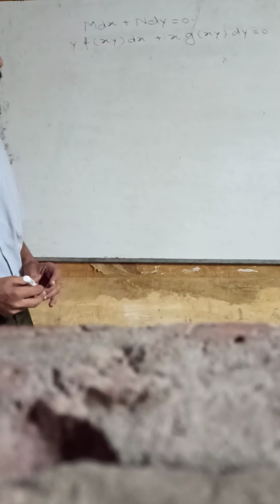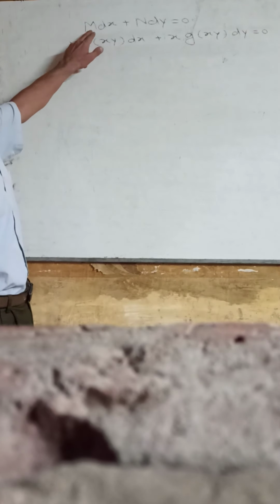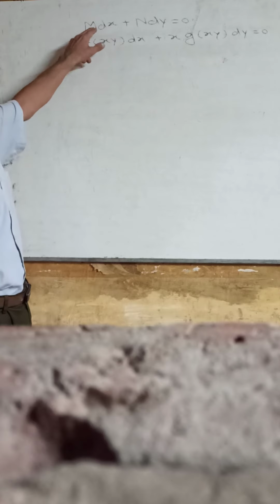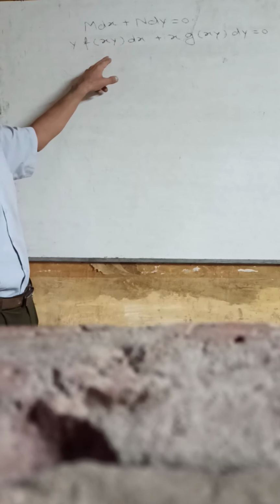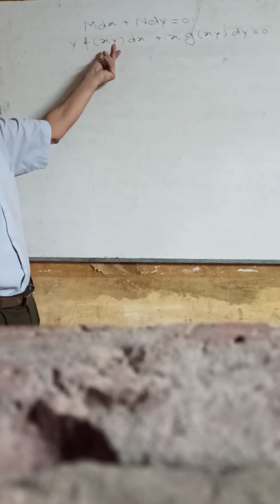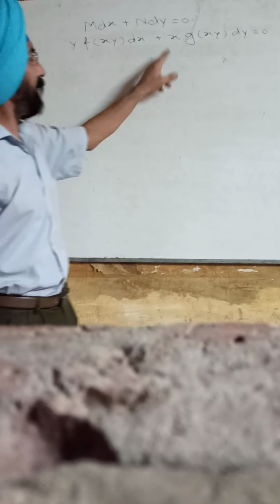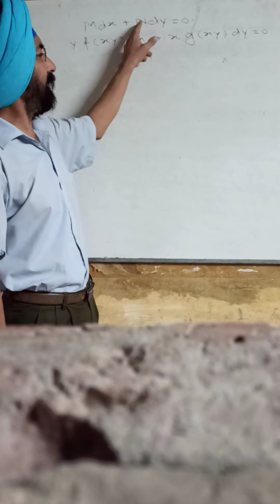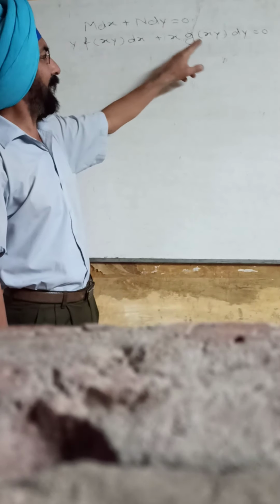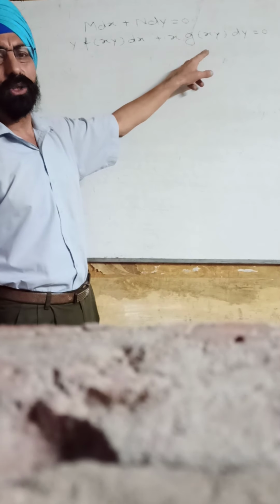What it means? Actually here M is a function such that if you take y common from this, then everywhere in the rest of the function you will find the term xy together. Similarly, in N, if you take x common, then everywhere in the remaining portion in N you will get the term xy together.